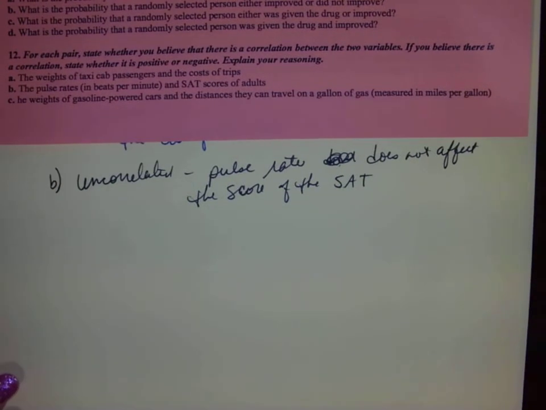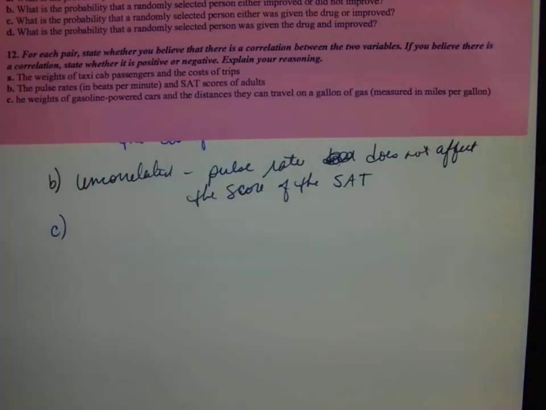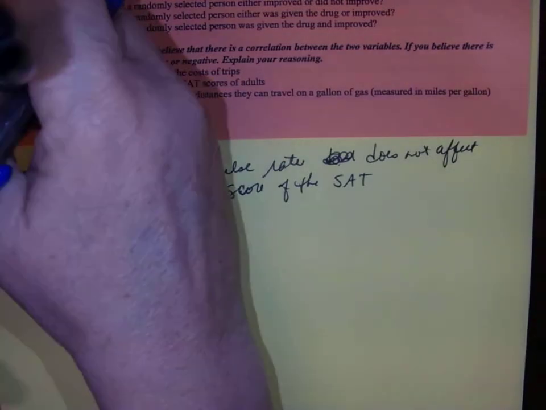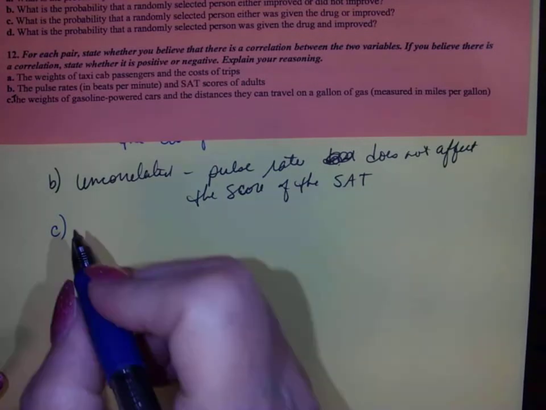And part C, the weights of gasoline-powered cars and the distances they can travel on a gallon of gas. All right, so I mentioned this a minute ago. So the weight of the car and the gasoline. So does that have a correlation? Well, this one is correlated.